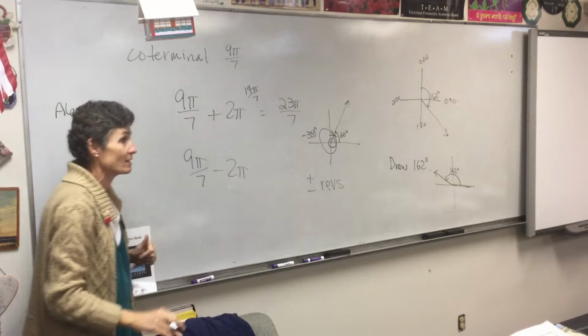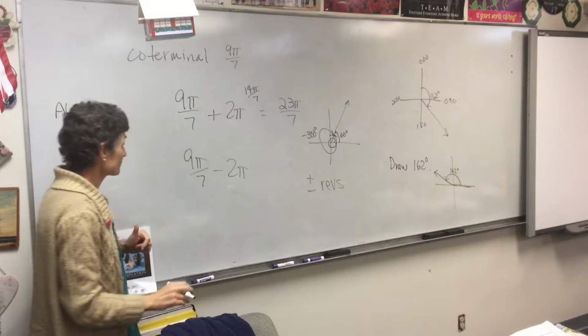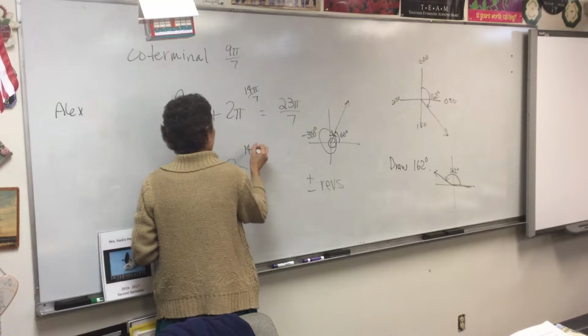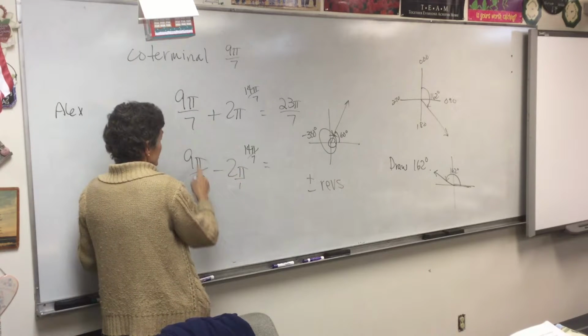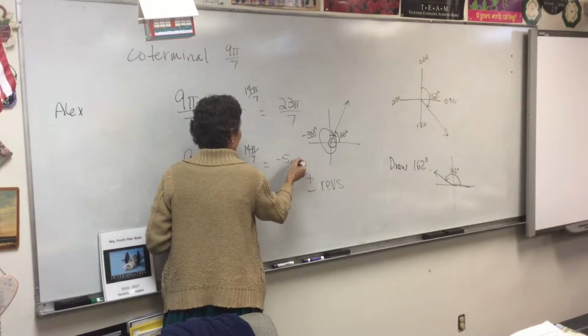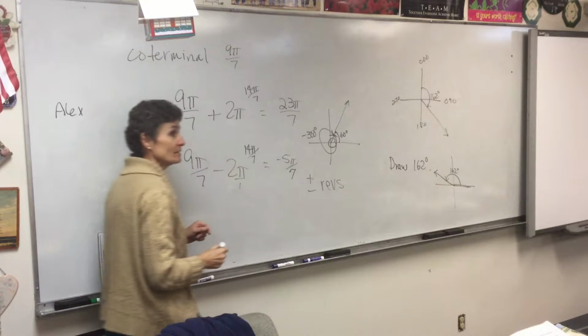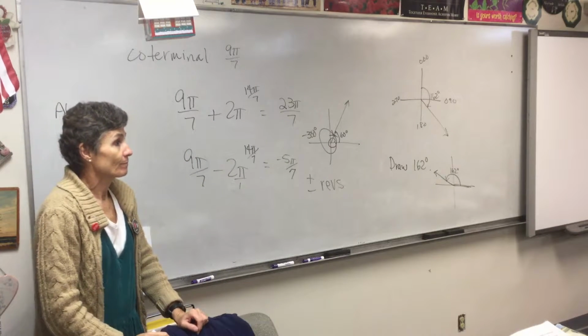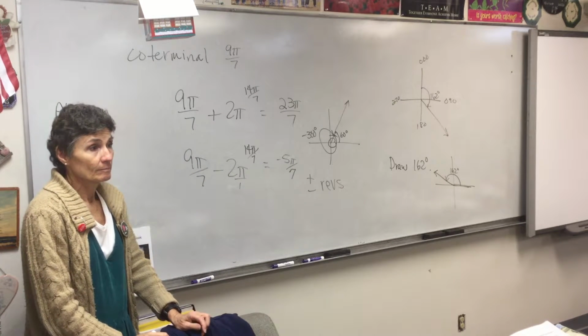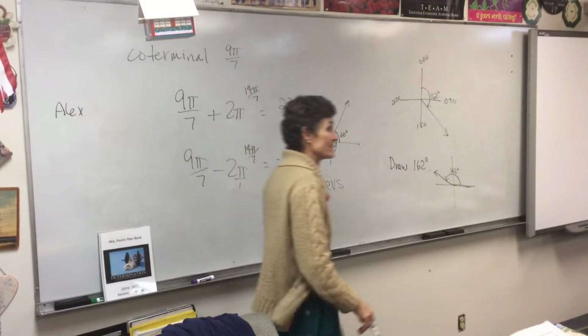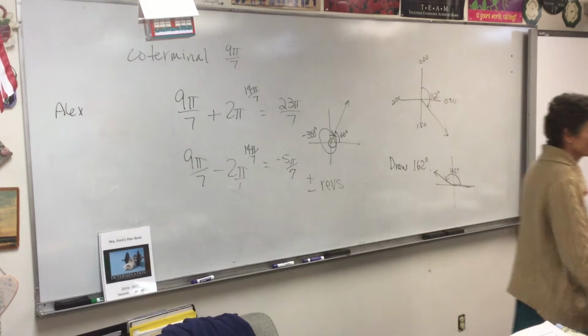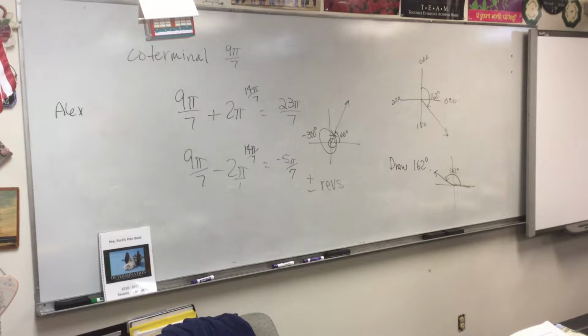There's one of my coterminal angles. Now I'm going to subtract 14/7, so that would be negative 5 pi over 7. There they are. To find coterminal angles in degrees, we add and subtract 360. In radians, we add and subtract 2 pi. All right? Hopefully some of that's starting to come back out of the fog.